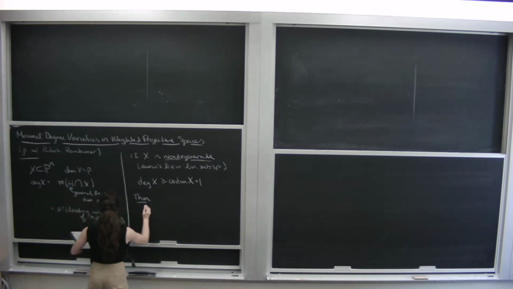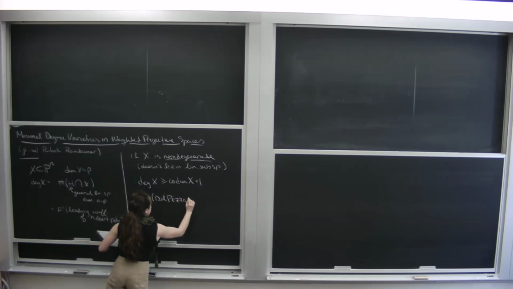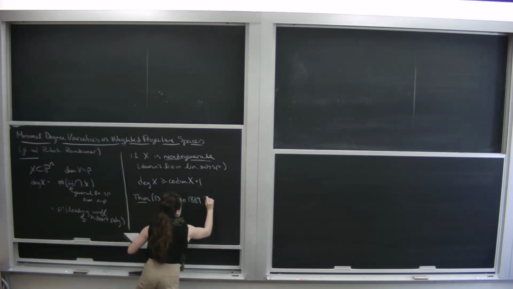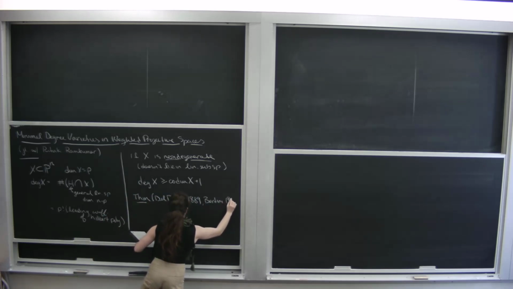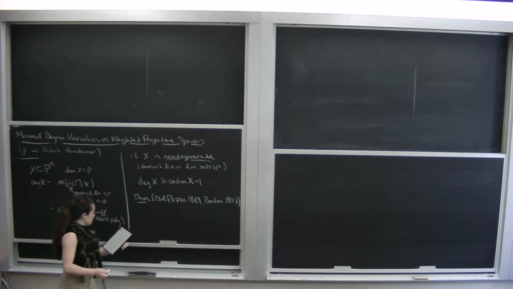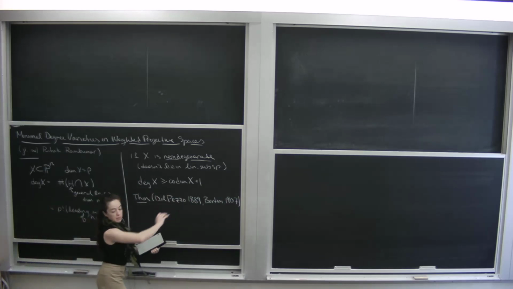And there's a theorem, which is in part due to Del Pezzo in 1886, and Bertini in 1907, according to my notes. The theorem is a complete classification of all of the varieties that actually have this minimal degree.